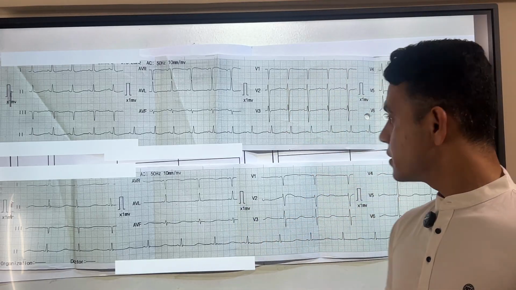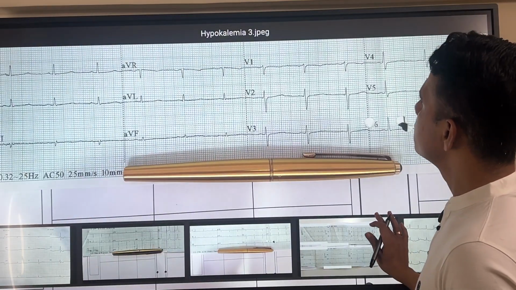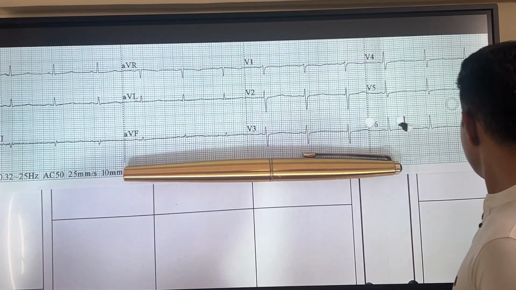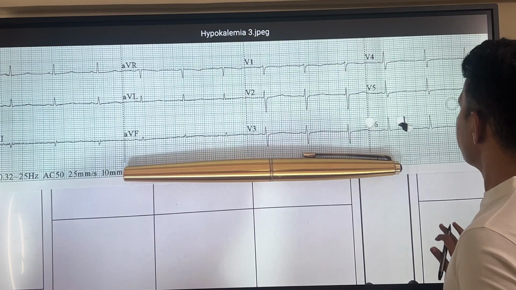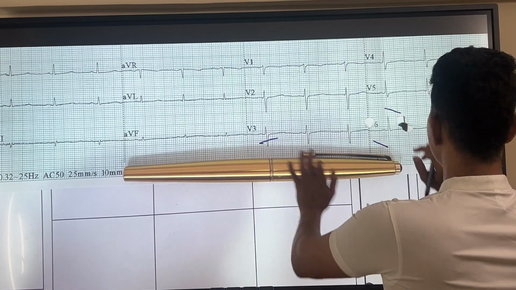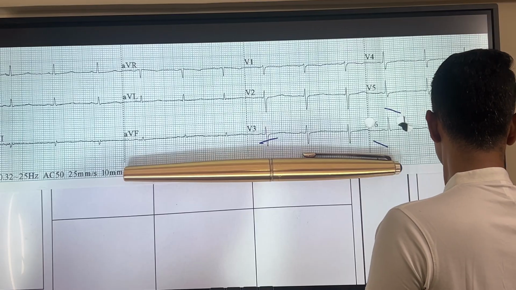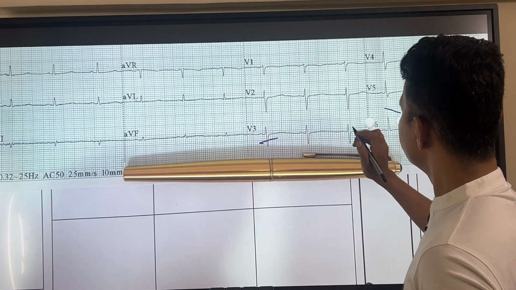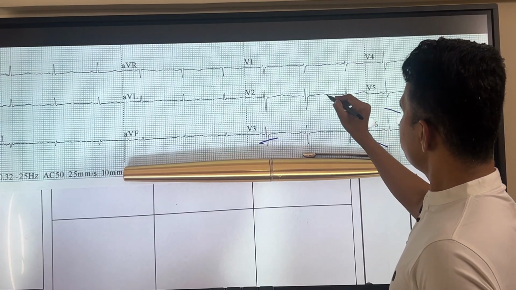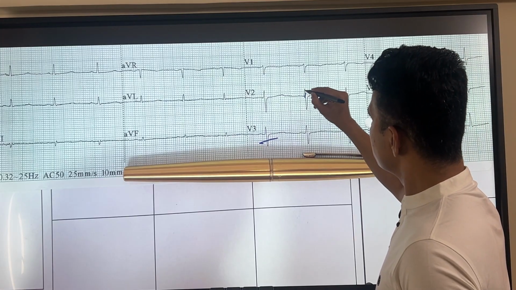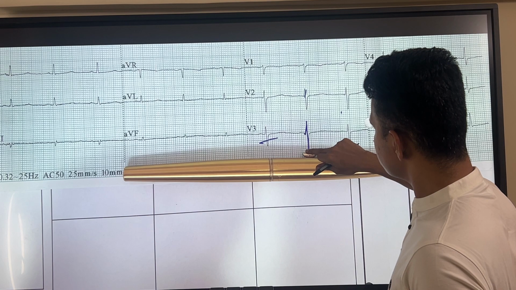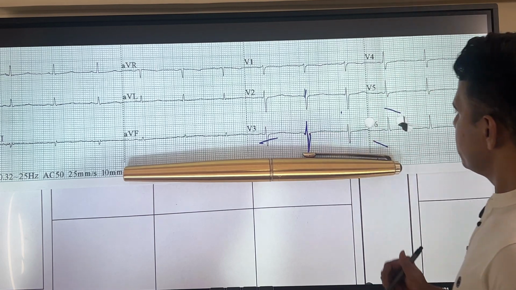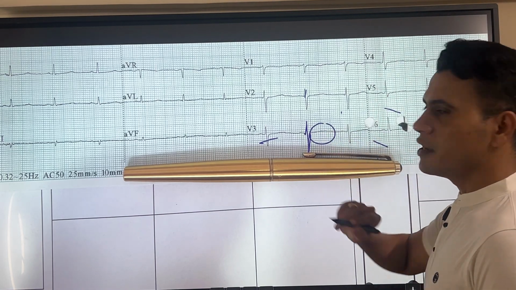We'll be seeing this here. When we try to see it here, there is basically no T wave. This is the R wave, this is S, and then there is no T wave here.